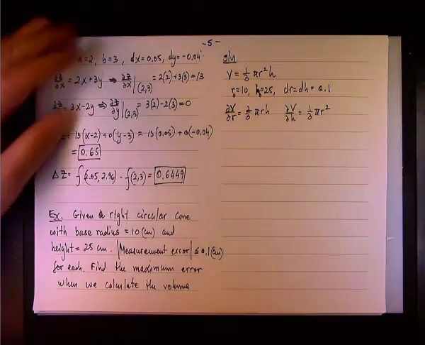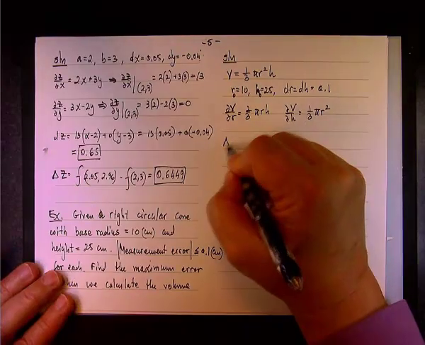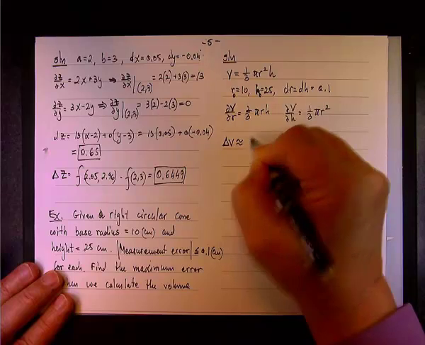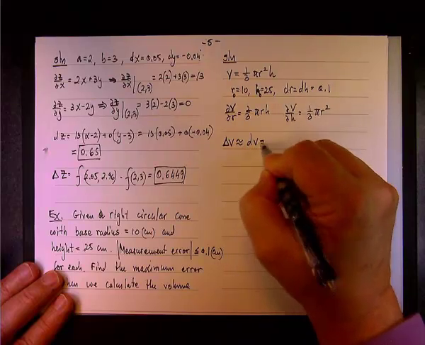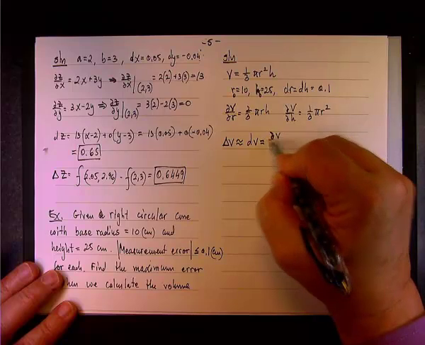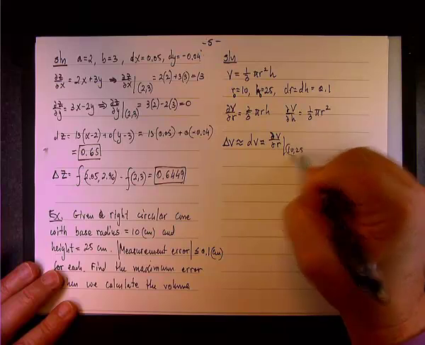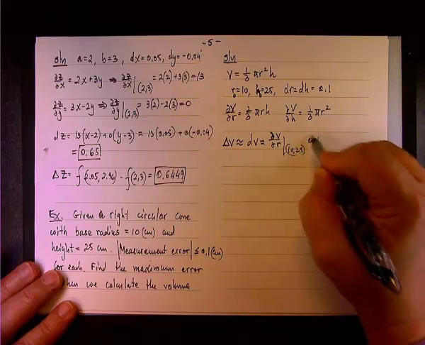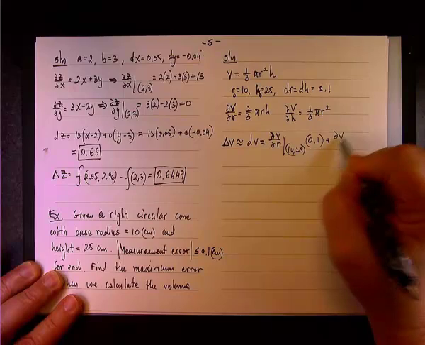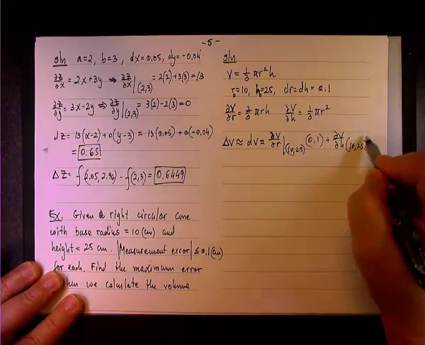And we need del V del R, which will be 2/3 pi R H, and del V del H will be 1/3 pi R squared. And basically we have what we need. We're going to say that delta V, the error, will be approximated by the complete differential dV.